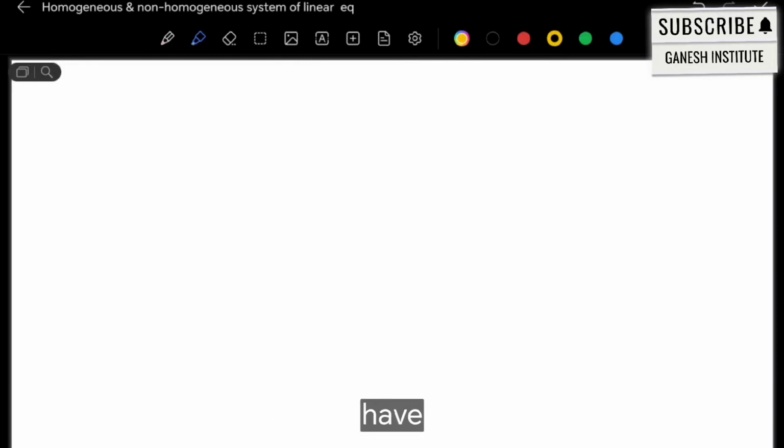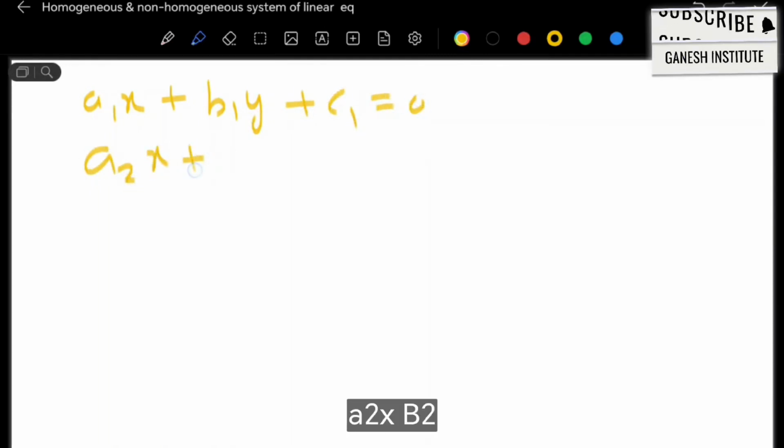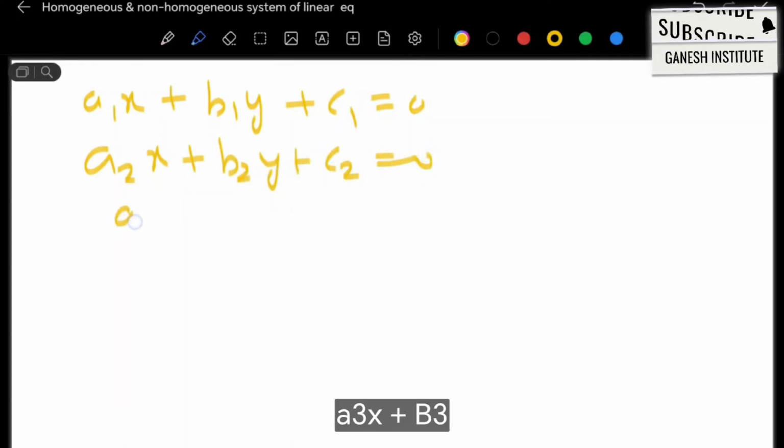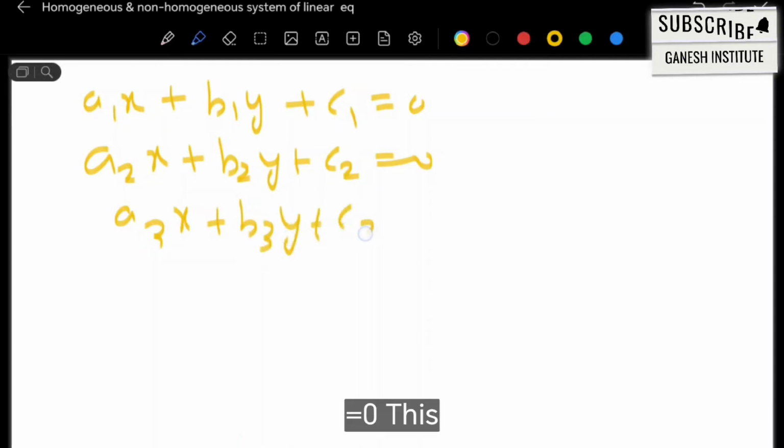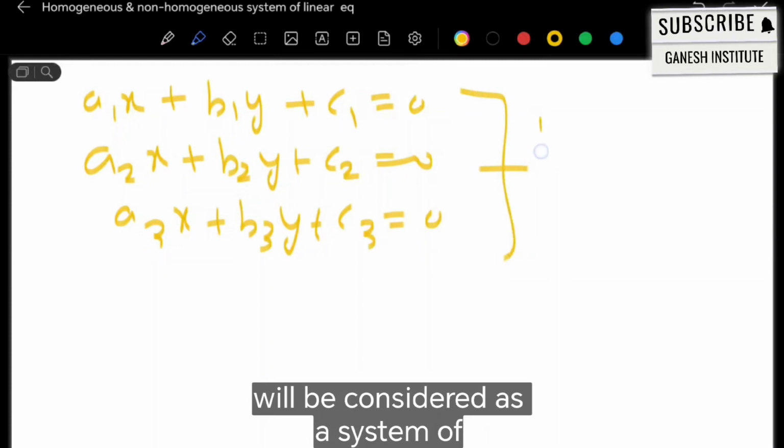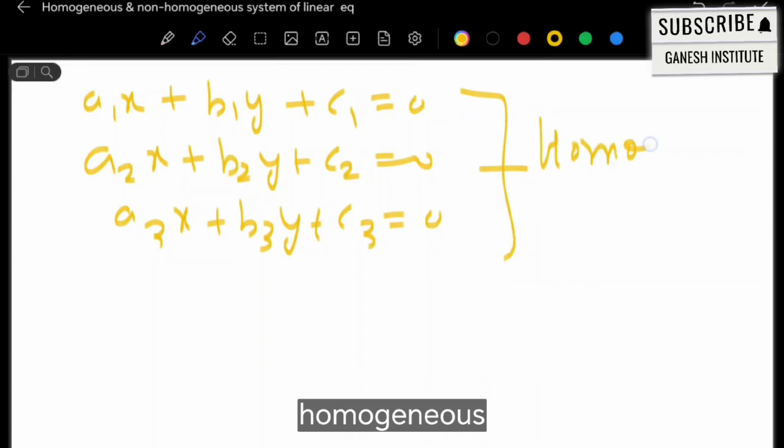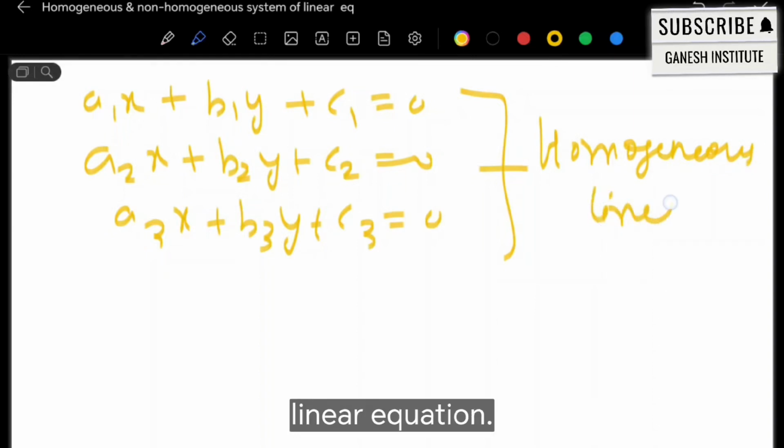So if I have, for example, a1x + b1y + c1z = 0, a2x + b2y + c2z = 0, and a3x + b3y + c3z = 0, this will be considered as a system of homogeneous linear equations.